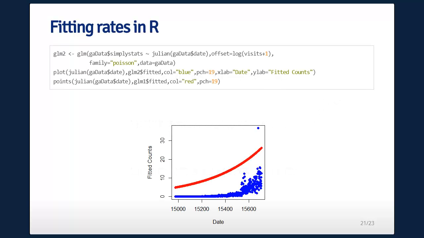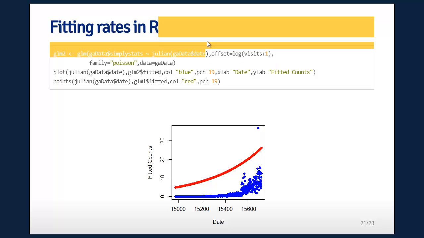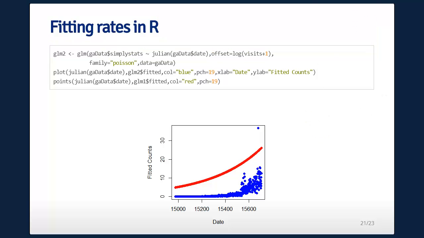So here it's pretty easy to fit. You can put the offset in as a comma offset, or you can actually put it in the model itself, adding plus offset, and that would give you the same result.